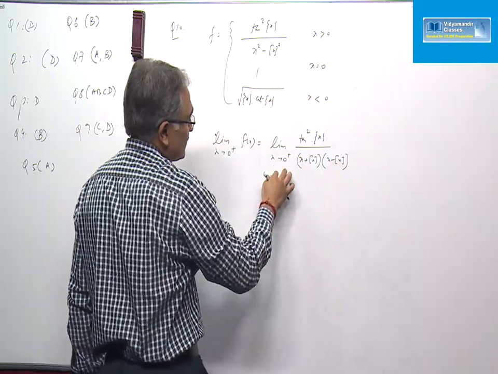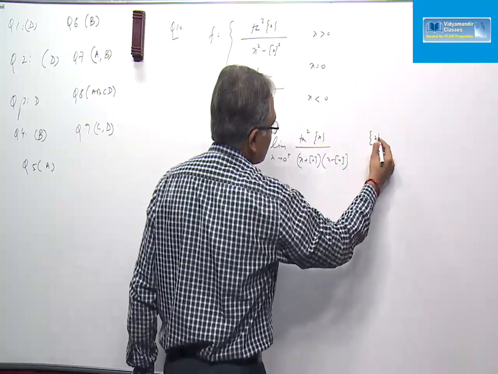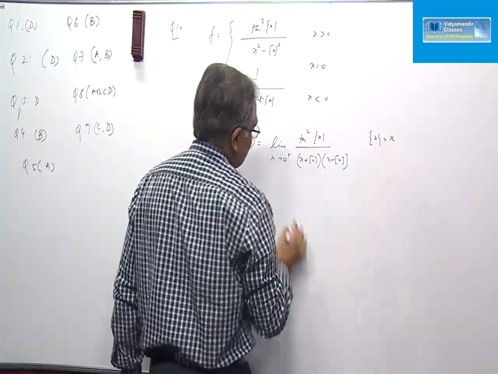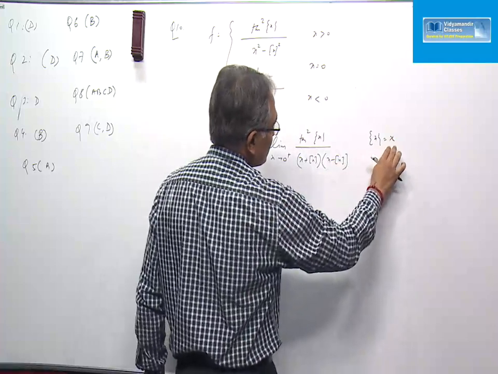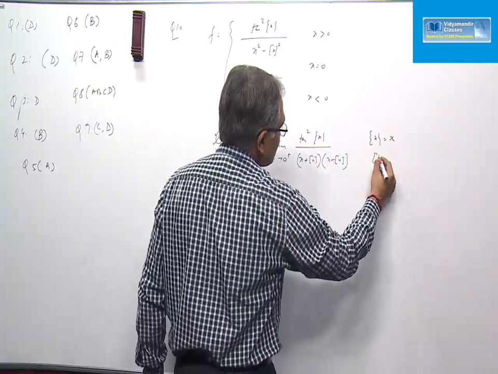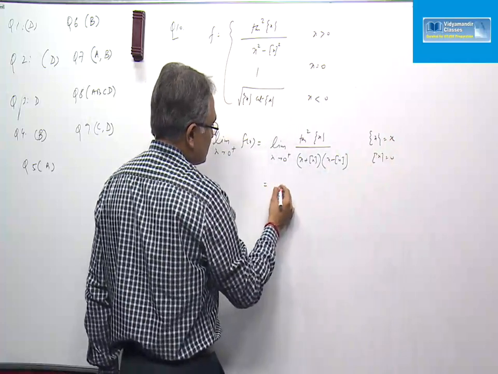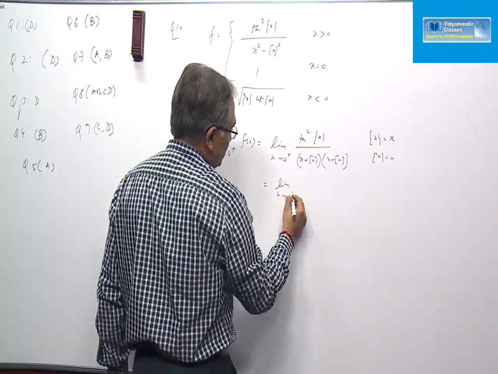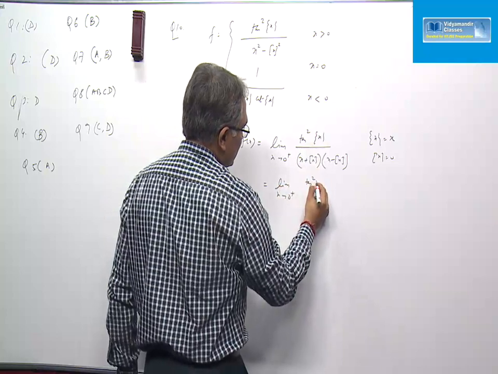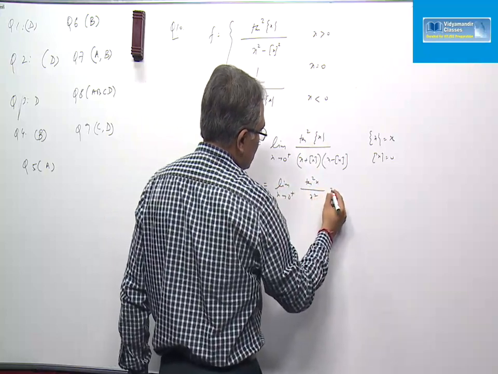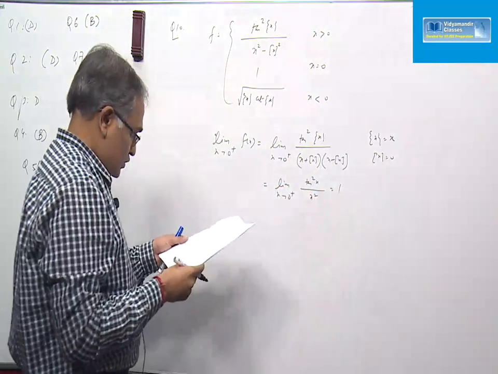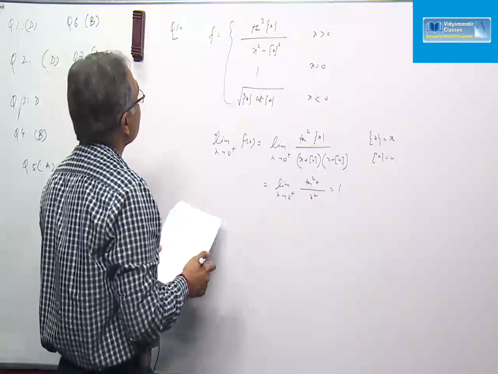Now x is just near to 0, then fractional x must be x, just positive side of 0, and greatest integer x must be 0. Hence this will be equivalent to limit x approaches 0 plus tan square x over x square, that is 1. Option A is correct.